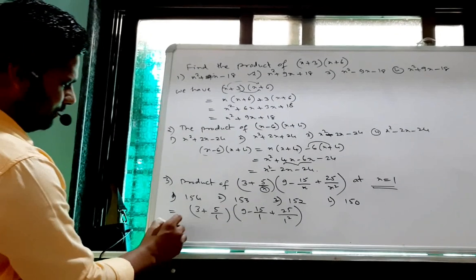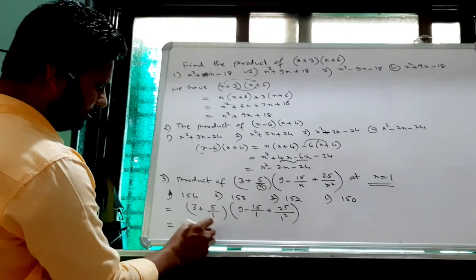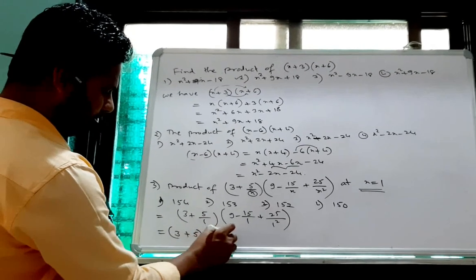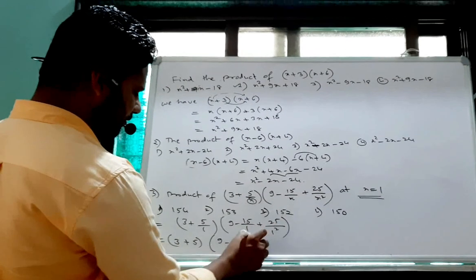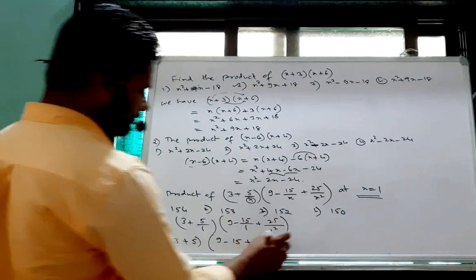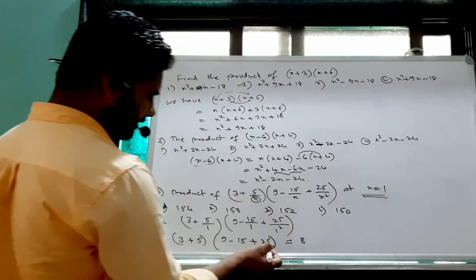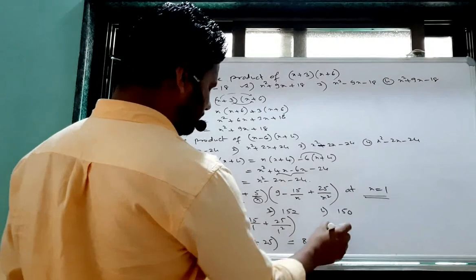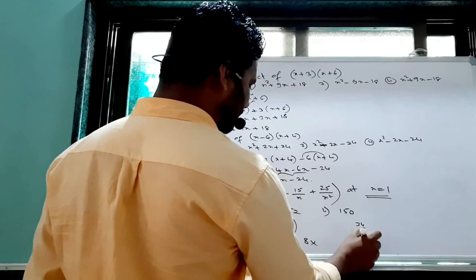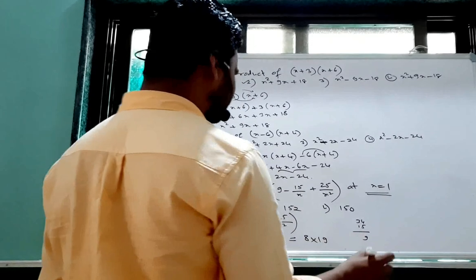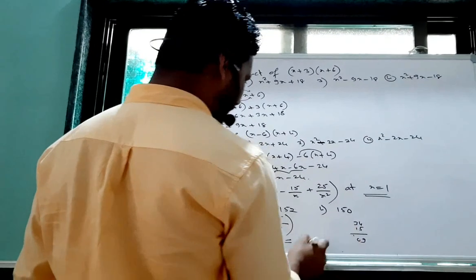So which is 3 plus 5 by 1. Anything by 1 is that thing, that is 5. 9 minus 15 by 1 is 15, 1 square is 1, 25 by 1 is 25. So which is equal to 8, 3 plus 5 is 8, into 9 plus 25, 34 minus 15, which is 19.